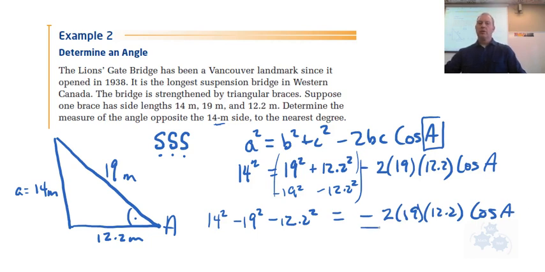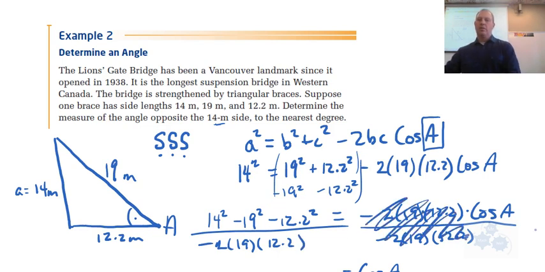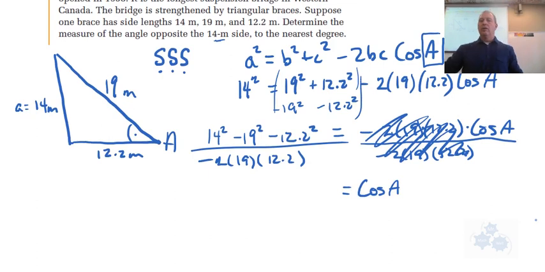And then, because these are all multiplied together, you divide by -2 times 19 times 12.2. And then we're going to be left with cos of A. So this is all gone now, and we're left with cos of A.